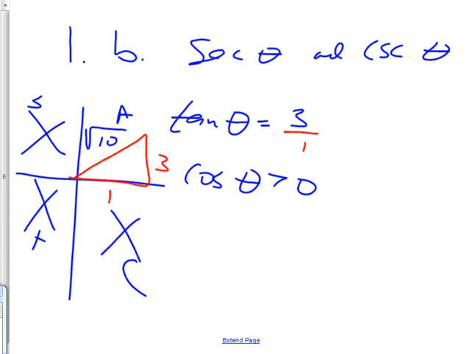And now I can do secant, cosecant. Now, if you've memorized SOHCAHTOA, have you also memorized what's that SOHCAHTOA-like thing except can be used for these guys? Remember? CHO SHA HOW.